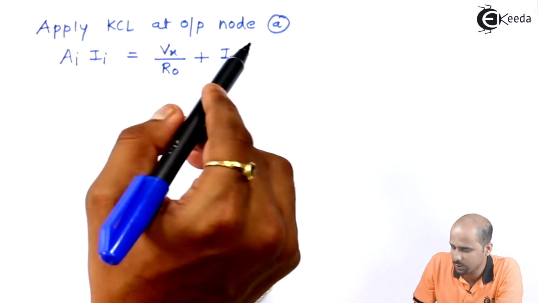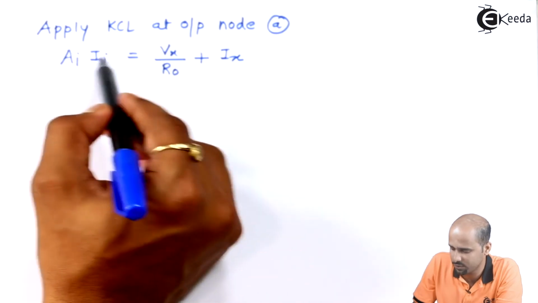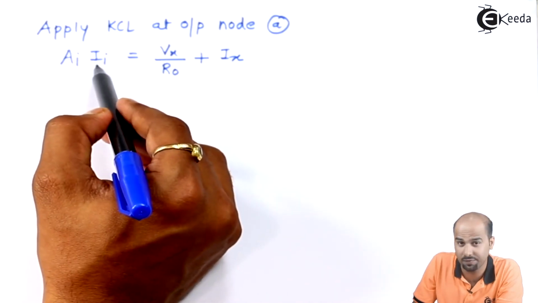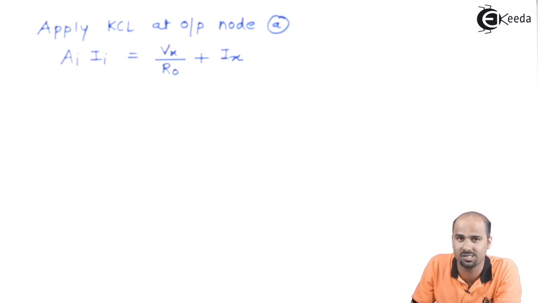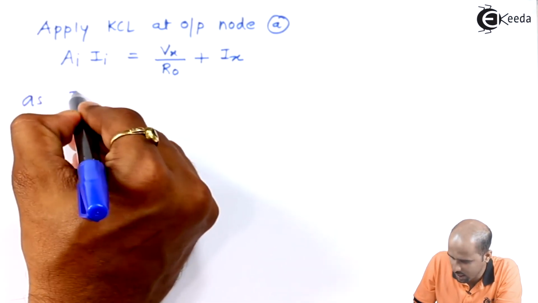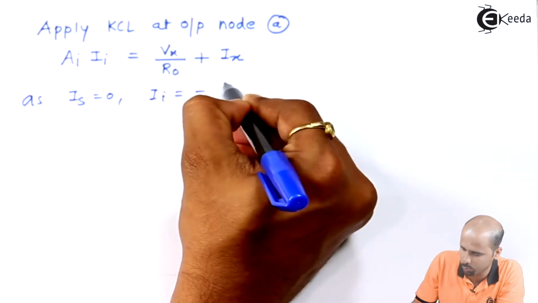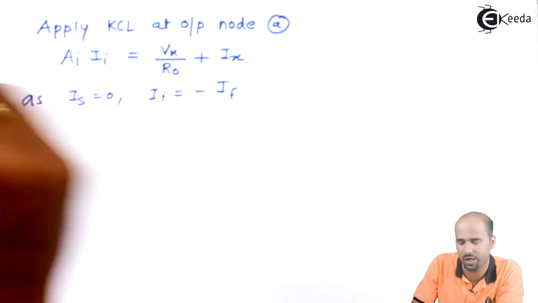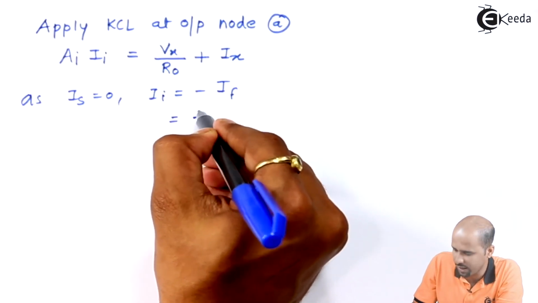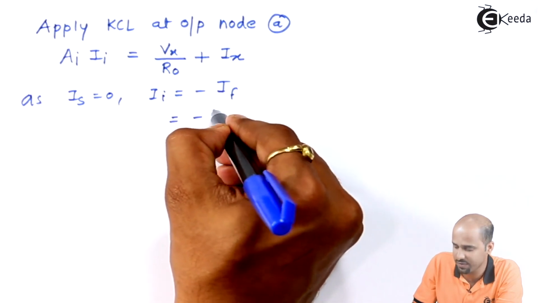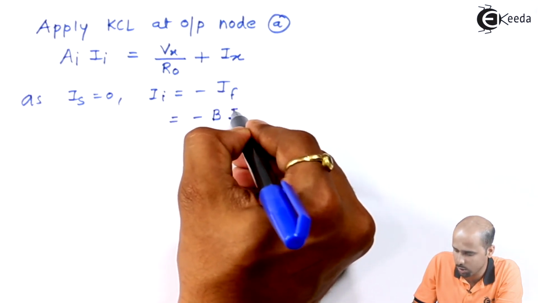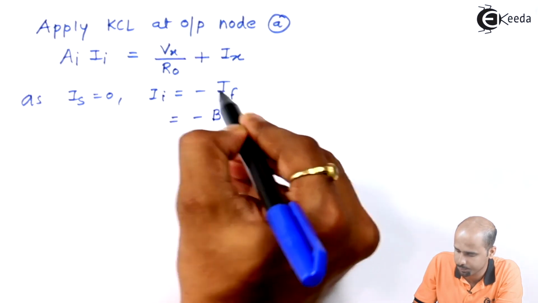What will be the value of II if we consider Is equal to 0? So here Is is equal to 0, II is equal to minus of If, and If is equal to B into IO.